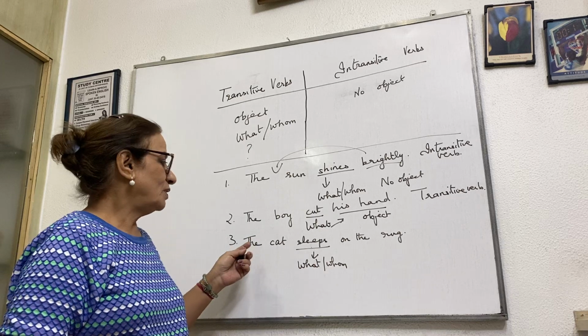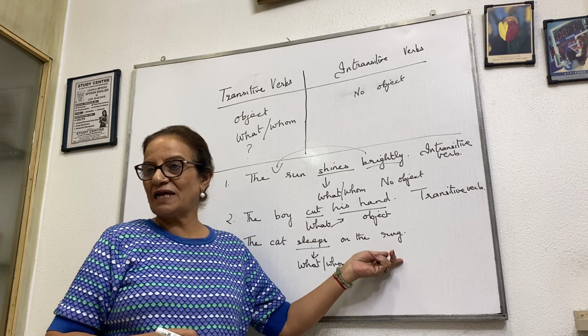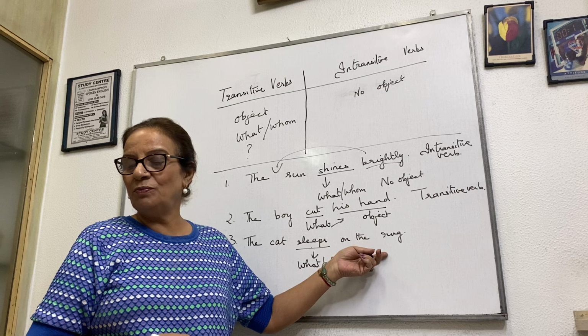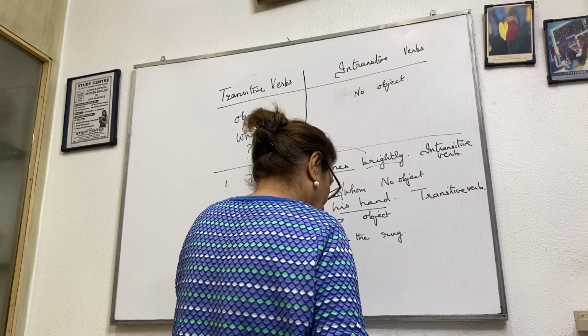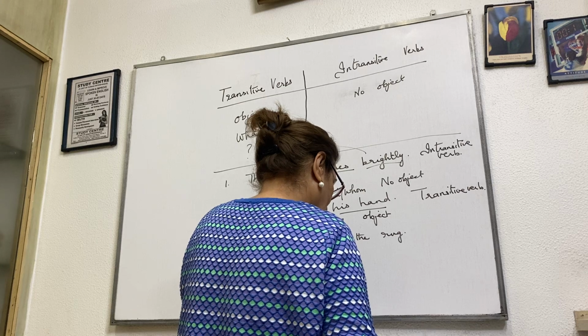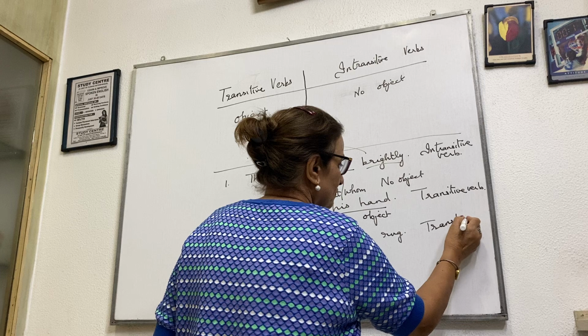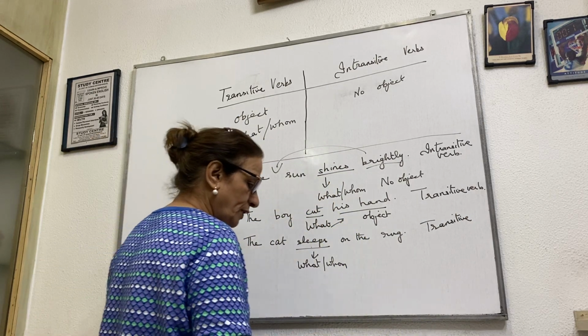So the cat sleeps on the rug. Where is the cat sleeping? On the rug. Sleeps what? Sleeps whom? Okay. So it is answering the question. So it is transitive. Try another one. Keep on doing this.